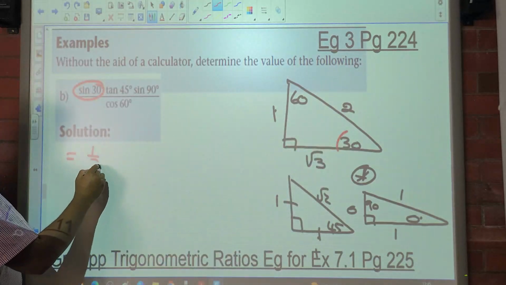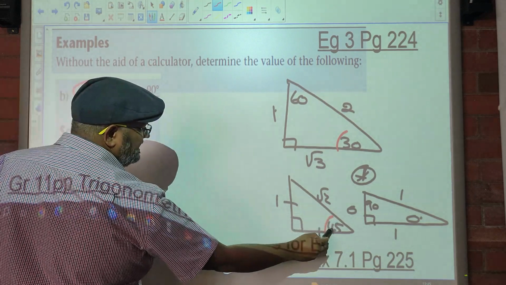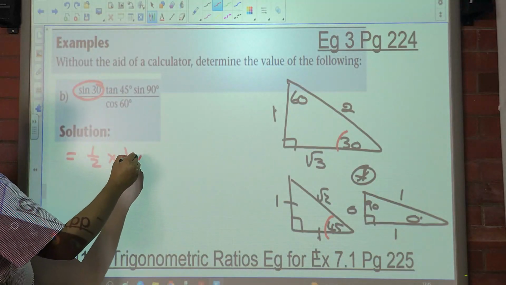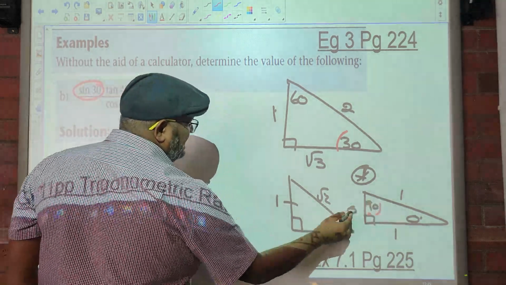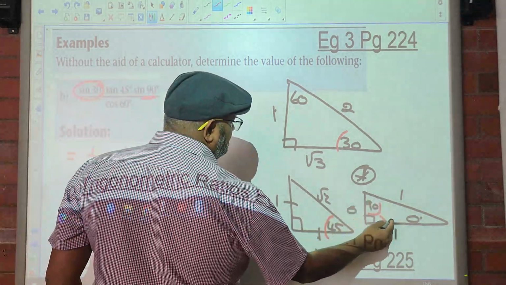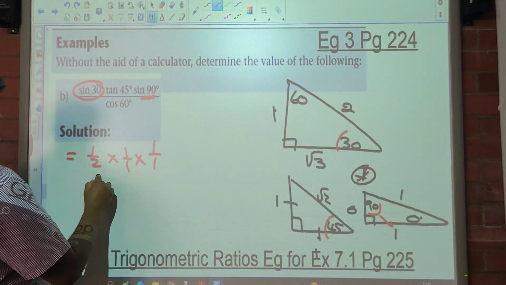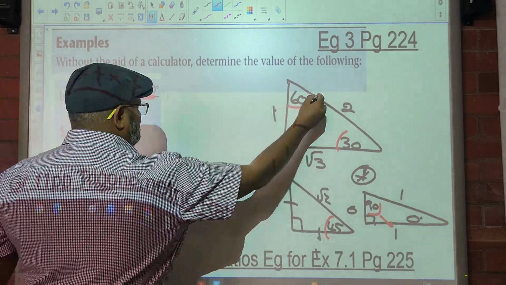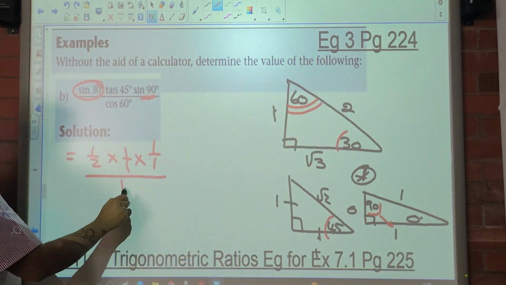So it's 1 over 2 times tan of 45. Here's your 45 degree angle. Tan is opposite over adjacent. So it's 1 over 1. Sine of 90. Here's 90. Sine, what does sine stand for? Opposite over hypotenuse. 1 over 1. Over cos of 60. What does cos stand for? Adjacent over hypotenuse. So it's 1 over 2.